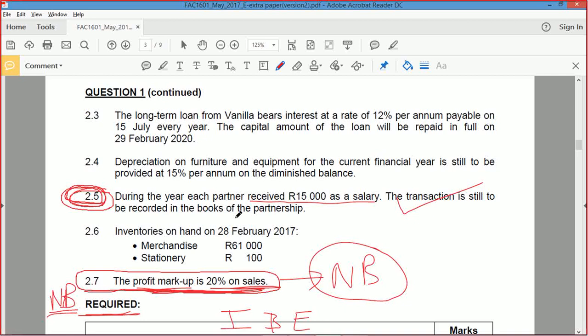2.4 depreciation of furniture and equipment for the current financial year is still to be provided at 15%. You won't need it. I do need it. What is depreciation? It's working with assets. It's an asset, so you're not going to disclose the assets, but what is depreciation as an account?